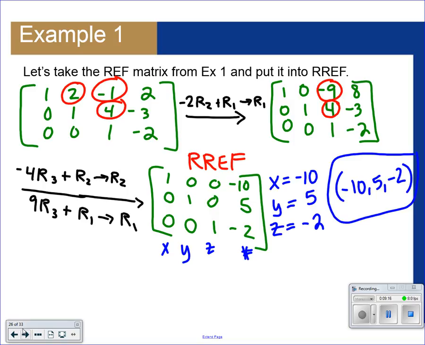You just have x equals, y equals, z equals. So on your homework, if there's a question that says you need to put it in reduced row echelon form, you have to show me with your row operations how you got there.